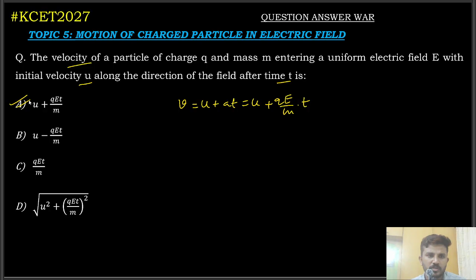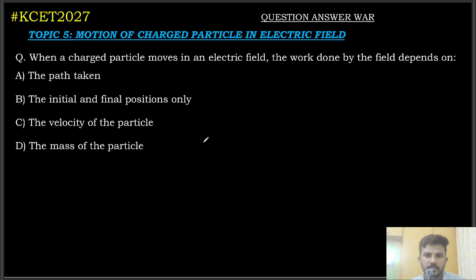Option A is correct. When a charged particle moves in an electric field, the work done by the field depends on the initial and final positions. It doesn't depend on the path taken, the velocity of the particle, or the mass of the particle. It mainly depends on the initial and final points, because the electric field is conservative. Electric force is a conservative force.